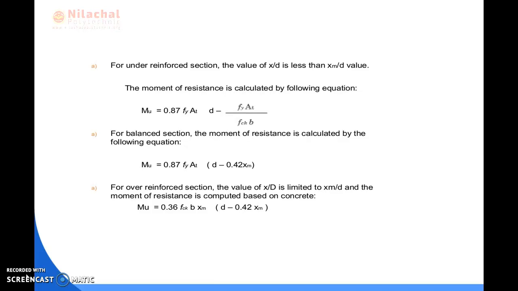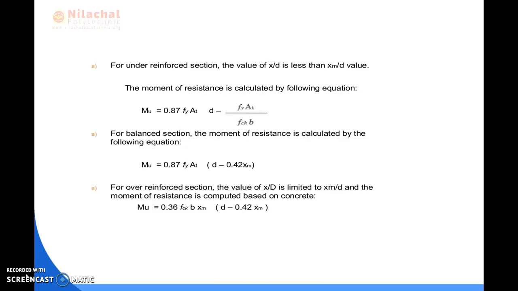So the formula for an over-reinforced section is Mu equals 0.36 fck b xm, the maximum depth of neutral axis, into (d minus 0.42 xm).